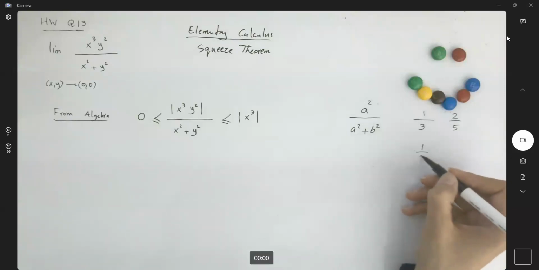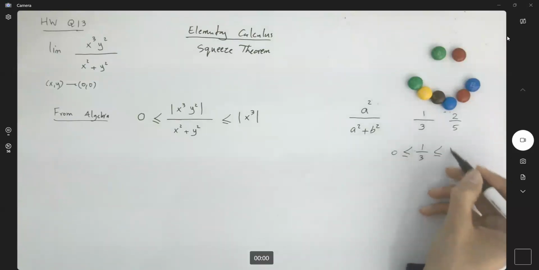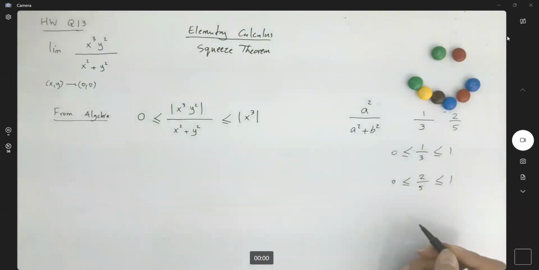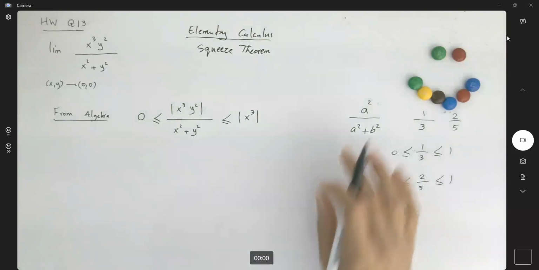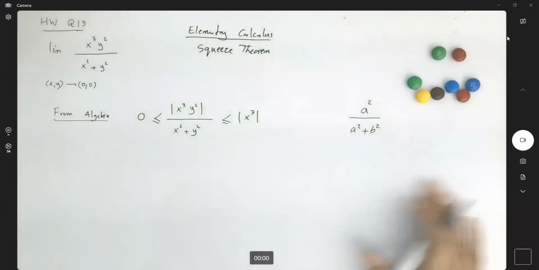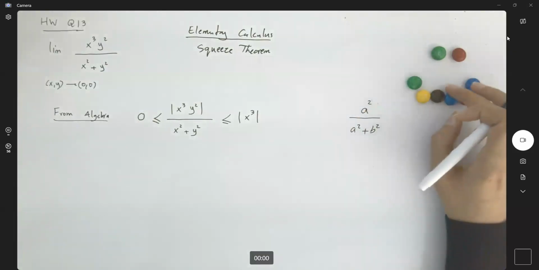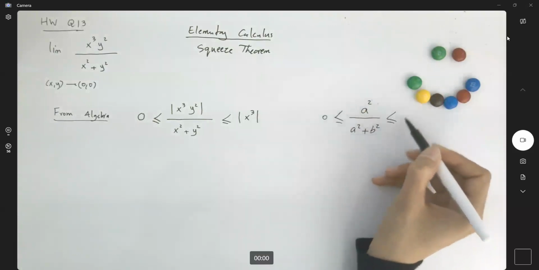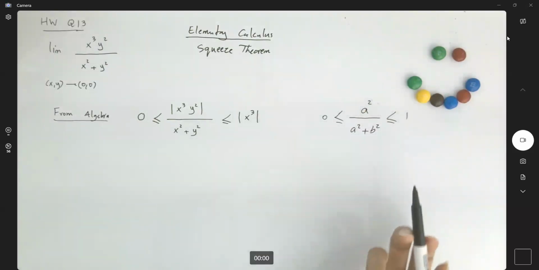We can always sandwich these fractions like this. That's the basic numerical relation, all right? So this fraction can always be sandwiched between 0 and 1. So very good.